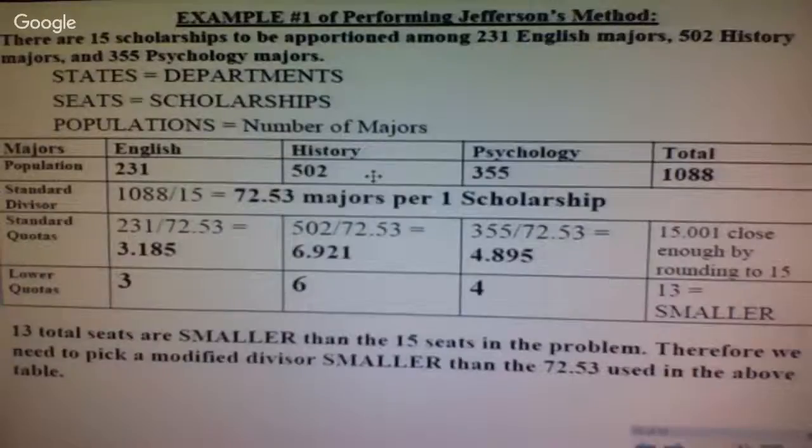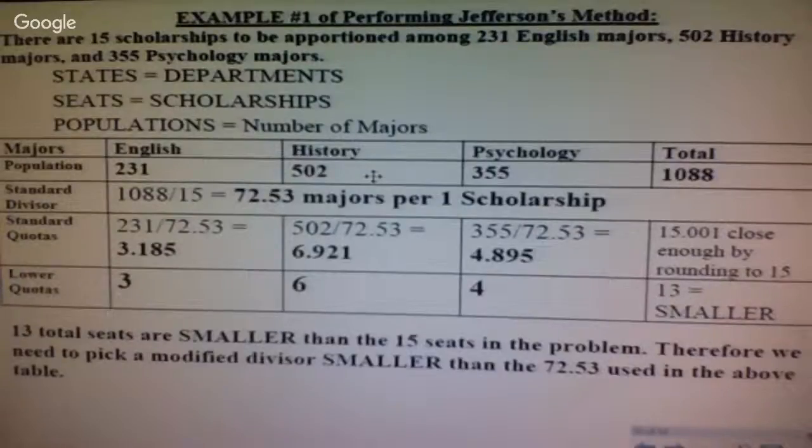All right, so we're just going to talk about this example before we do one. There are 15 scholarships to be apportioned among 231 English majors, 502 history majors, and 355 psychology majors. So my departments are getting scholarships based on the number of majors.